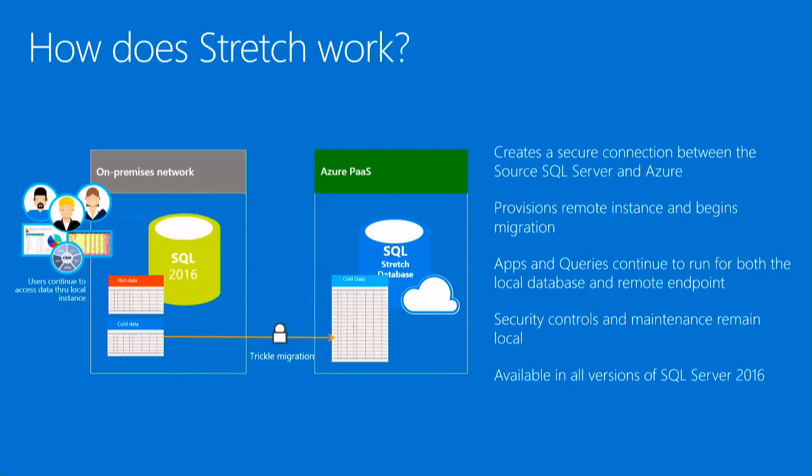Okay. All right, so there's a little bit more here about the actual migration process. Now, I've already talked about this trickle migration. There's actually a couple of advisors that are built into the product today that allow you to, first of all, identify candidate tables that you could use for stretch database, and we'll advise you what are the tables that have the right kind of data sets and potentially no incompatibilities in terms of features.